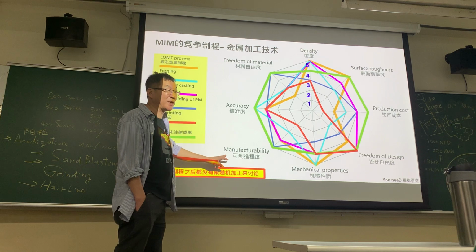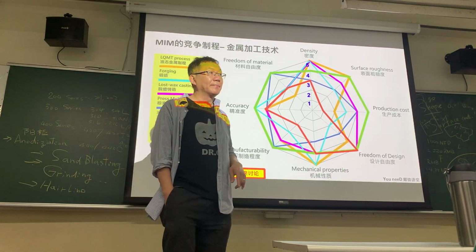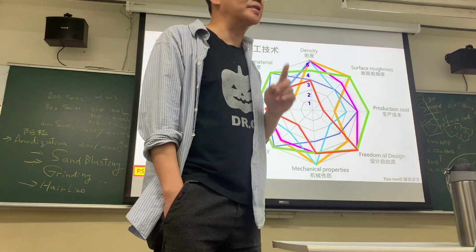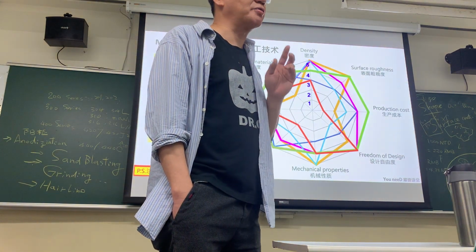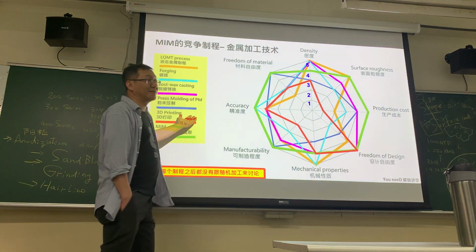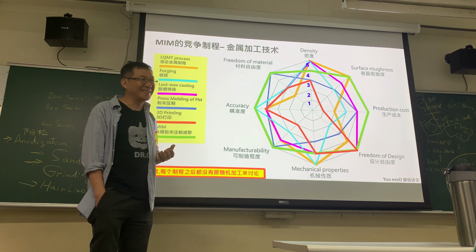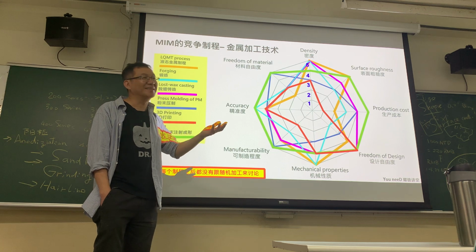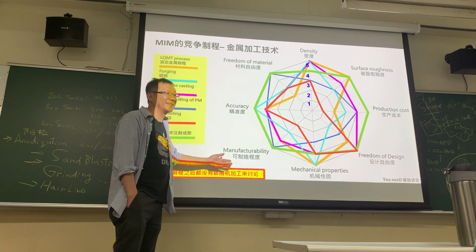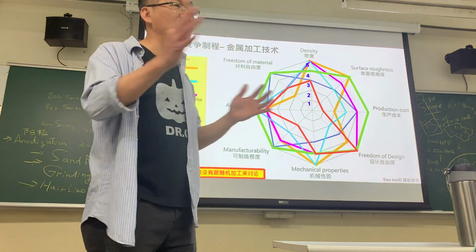Okay, this one is difficult to mention. We just use the cycle time. If we use the cycle time, MIM is very quick. For example, 3D printing needs maybe 70 hours to get one piece. Okay, 10 pieces, 1,000 pieces. But compare this with MIM: in one day at least we can make 2,000 shots.